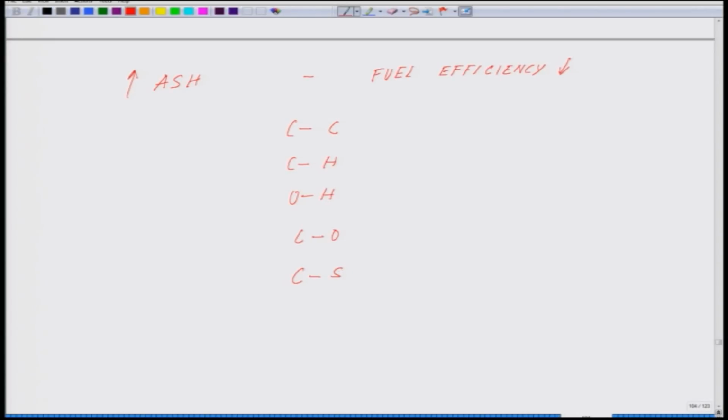There are so many bonds. I told you it is basically the summation of all these bond energies which is being given out. So, if you are breaking this bond, this bond, these bonds, that is being derived as your energy output. Okay.